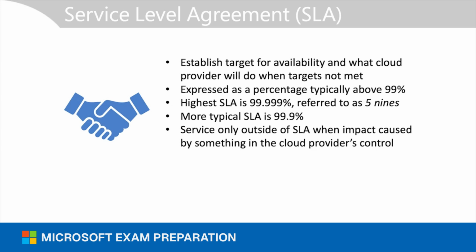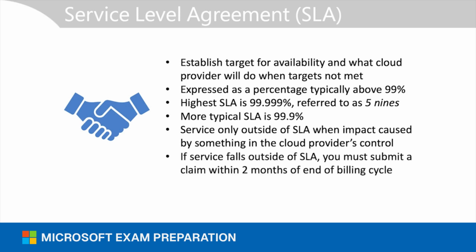If a problem is caused by your application or maybe another component that the cloud provider doesn't control, there is no SLA on that. If a service's availability does fall outside of the SLA, the cloud provider will often provide some level of refund, but in Azure, you must submit a claim to Microsoft within 2 months of the end of the billing cycle.